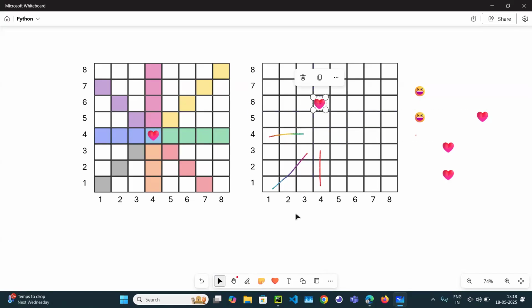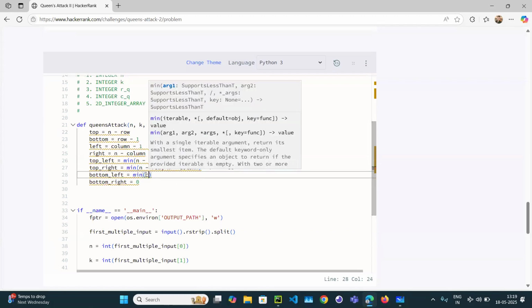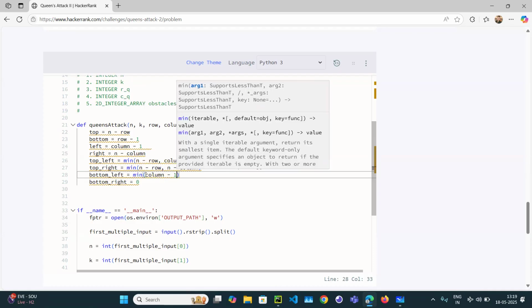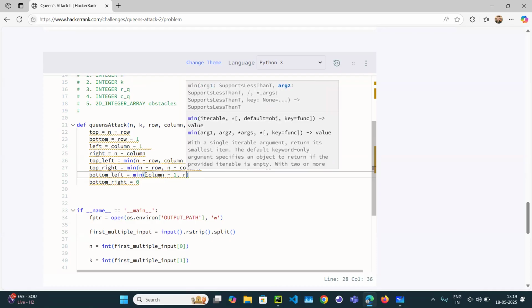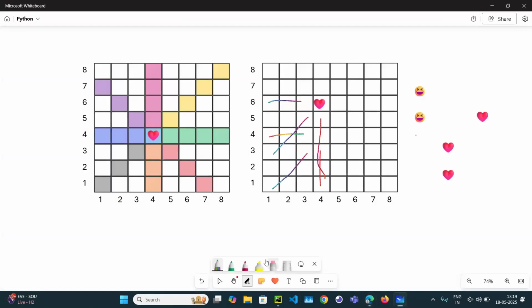If it is here, then it can attack 1, 2, 3, and 1, 2, 3, 4, 5, and 1, 2, 3. So minimum of left and minimum of bottom, it will remain the same. So minimum of left is column minus 1, and bottom is row minus 1. So minimum of left and minimum of bottom, right?